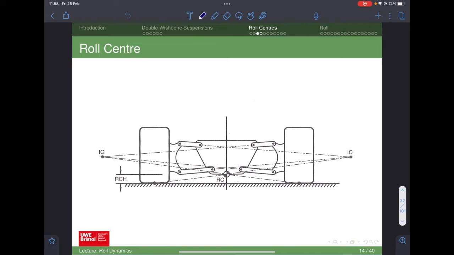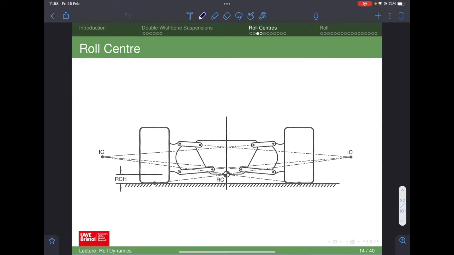Now, if you've got parallel wishbones, clearly they're not going to intersect at any point. If they do, you've got an infinitely long wishbone, infinitely far away.